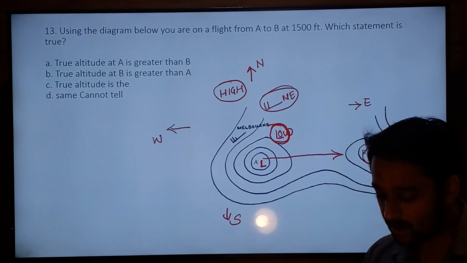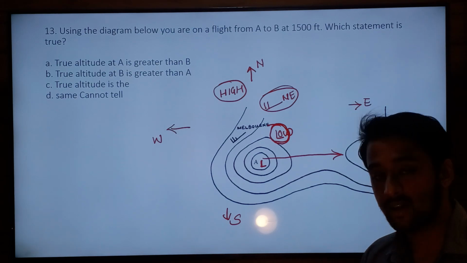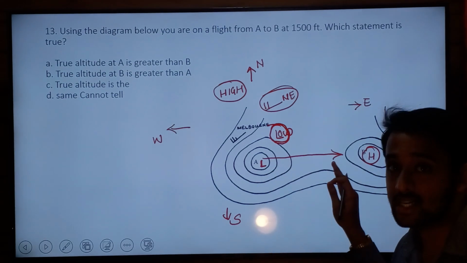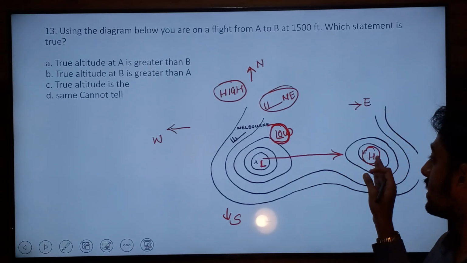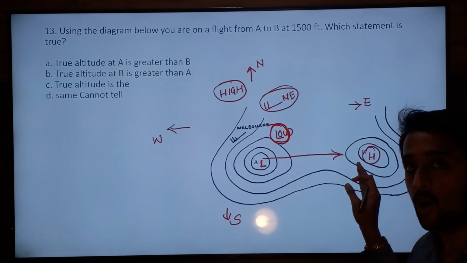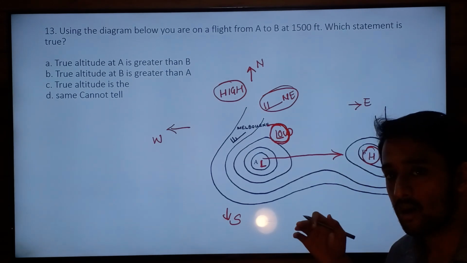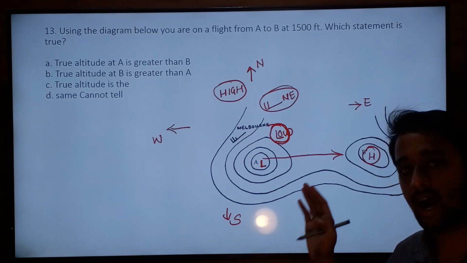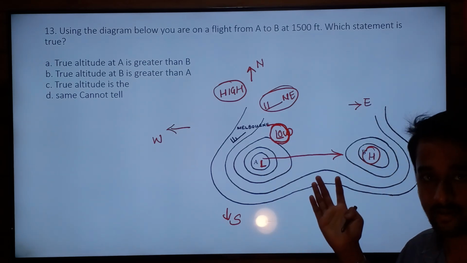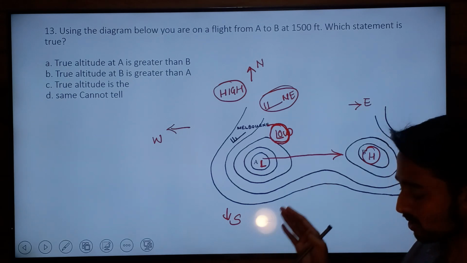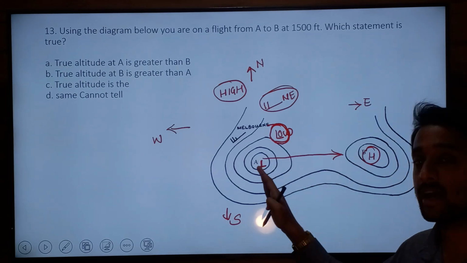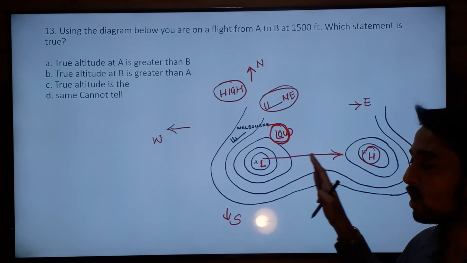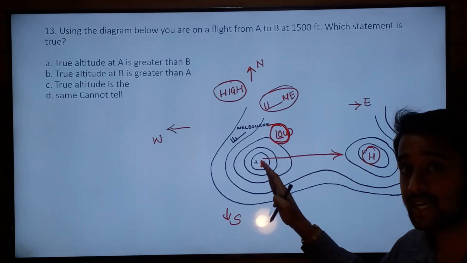Now we are flying from A to B, meaning we are flying away from the low pressure region. Over here there can be high pressure, or pressure which is low but not as low as this low pressure, so we can regard that region as high. So we are flying from low to high pressure, away from this intense low.